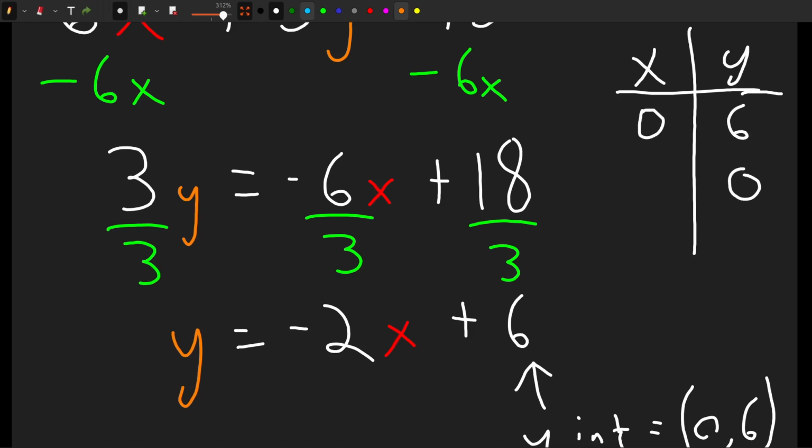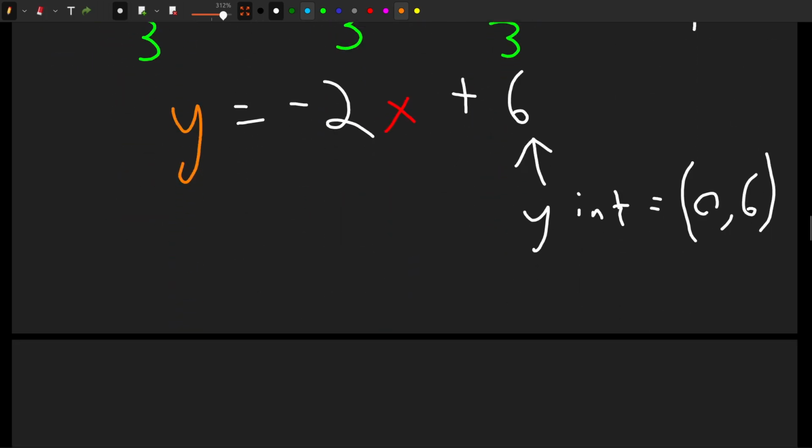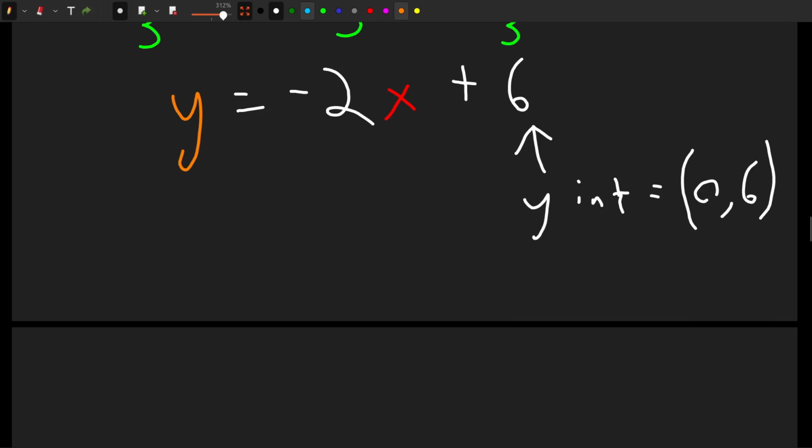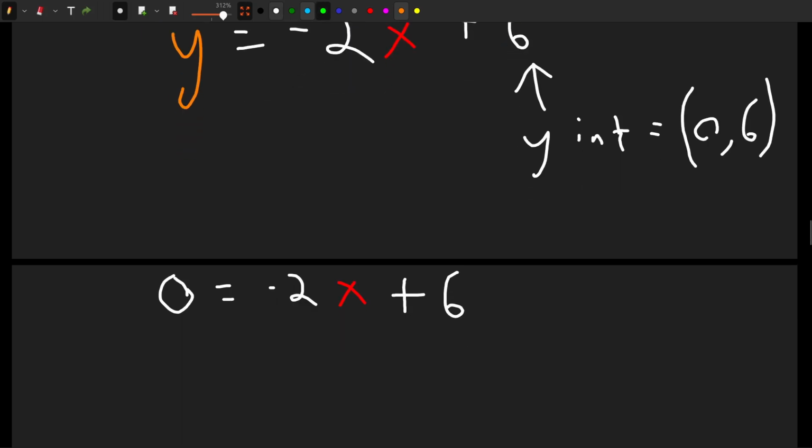And so that means when I plug in 0 for y to get my x-intercept, I'm going to get 0 is equal to negative 2x plus 6. I'm going to subtract 6 from both sides.